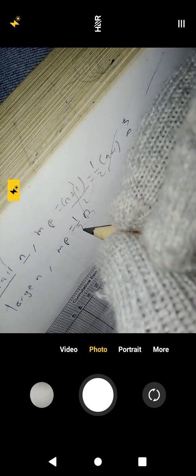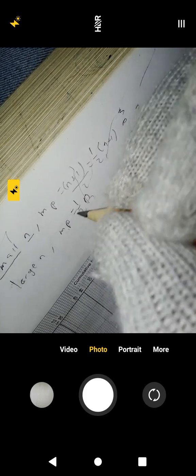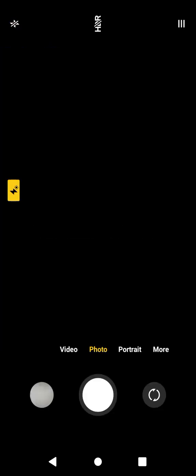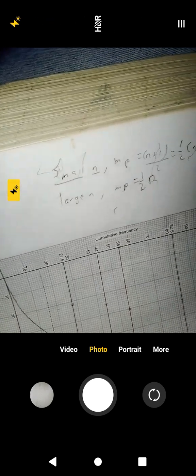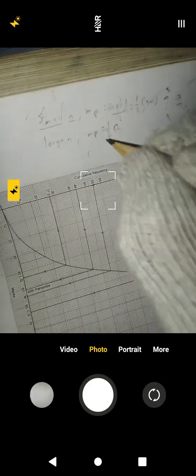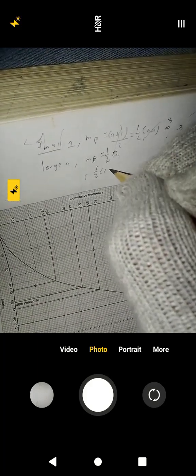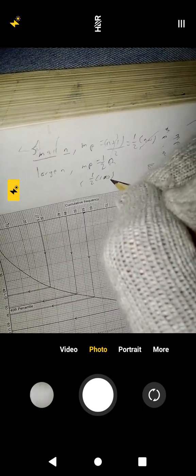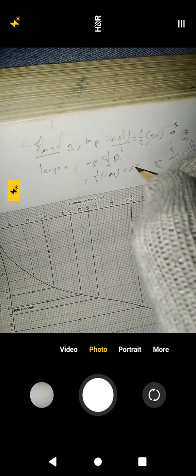So if n is large, then the median position is a half times n, which is 1 over 2 times 110, which is 55.